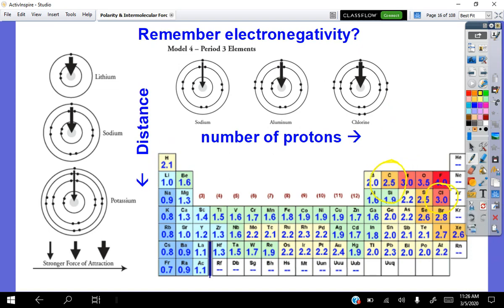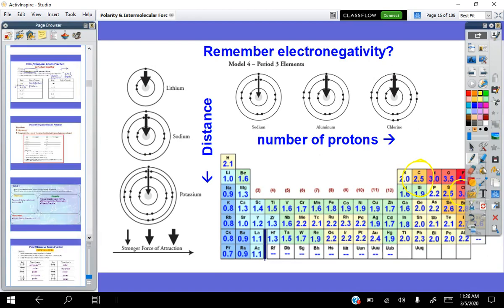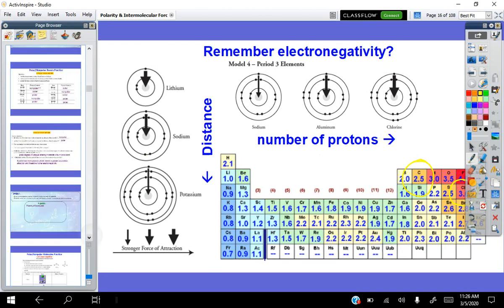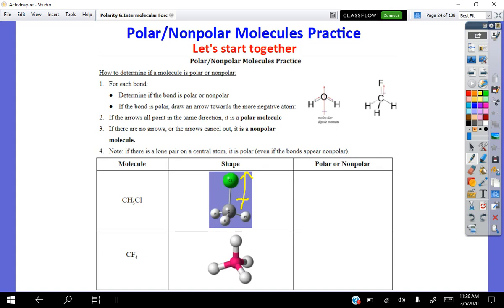The electronegativity difference there is 0.5, so I know that is a polar bond. If I look at the bond dipole that I have here, it does not have any other dipoles in the molecule, so the arrows are pointing in one direction in this case, and I can label it as a polar molecule.